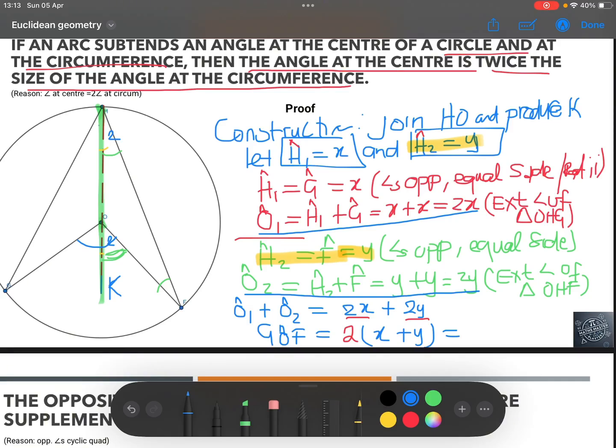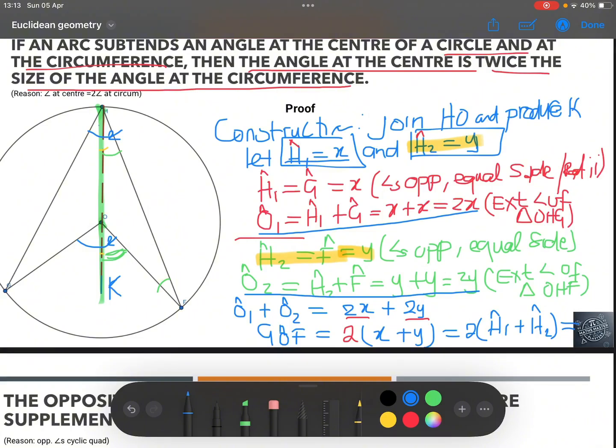Our x, we said let it be equal to H1, and y equal to H2. Then we have 2 times H1 plus H2. And in that case, H1 and H2 together make the whole of angle GHF.